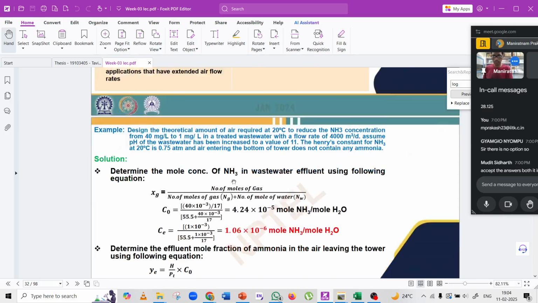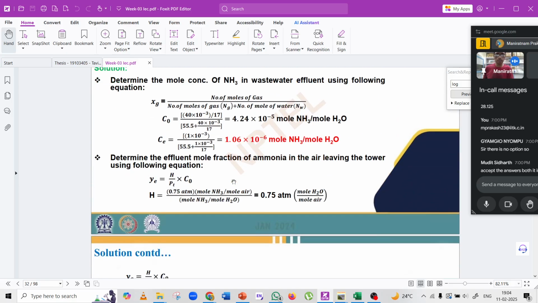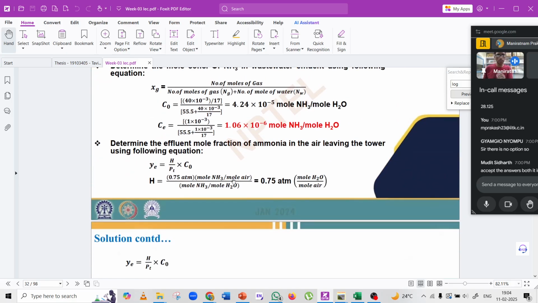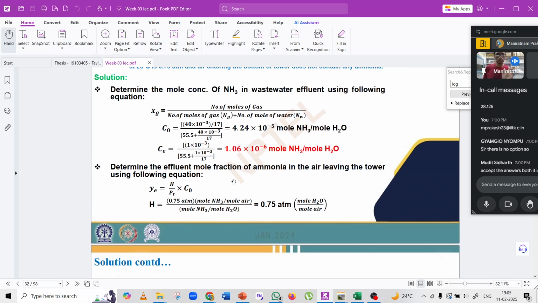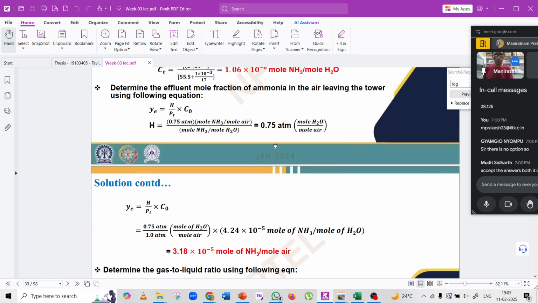Oh, it's correct then. Actually, sometimes Henry constant, if it is written 0.75 atm, then if you look into the formula, how generally this Henry constant formula is written, it is written in this form, that is pressure divided by concentration.